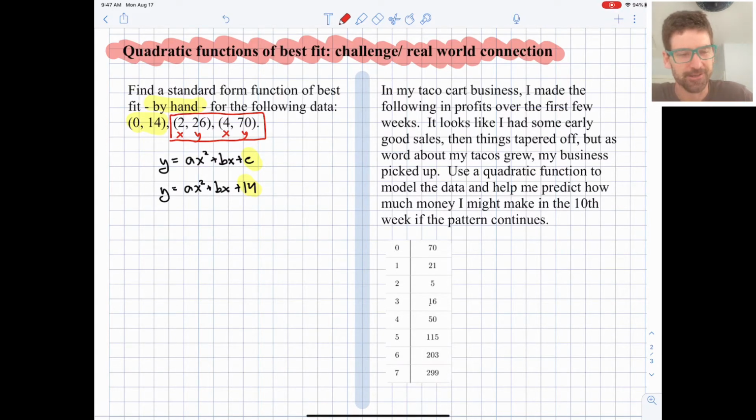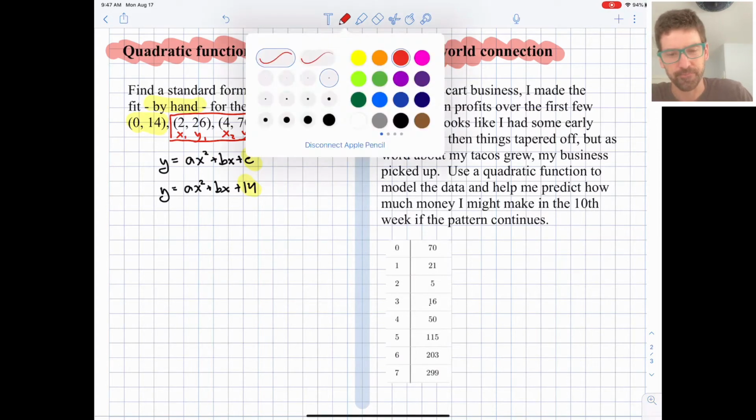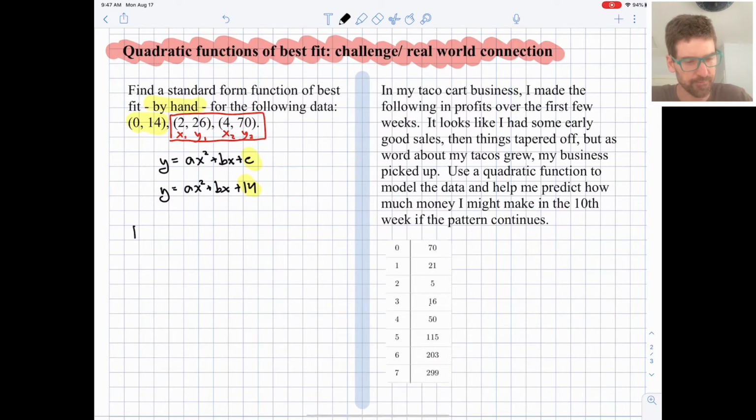So let's do it. Okay, so let's call this x1, y1, and x2, y2, or just our first set of points and our second set of points. So number one, we're plugging in: 26 equals our unknown a times 2 squared, because that's x, plus our unknown b times 2 plus 14.